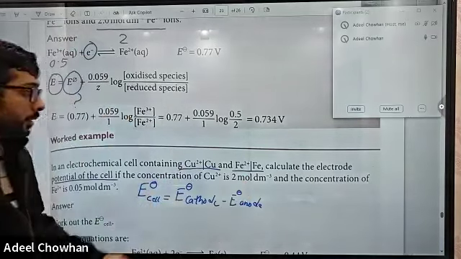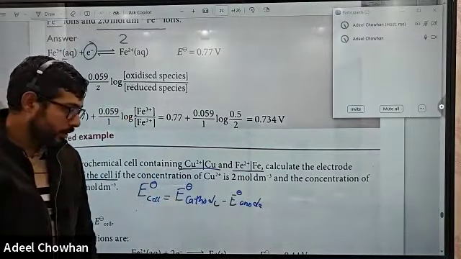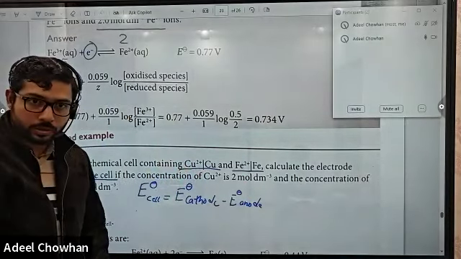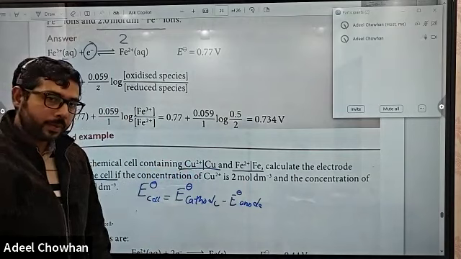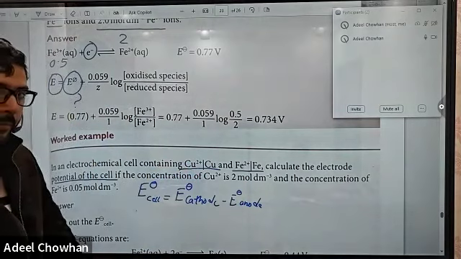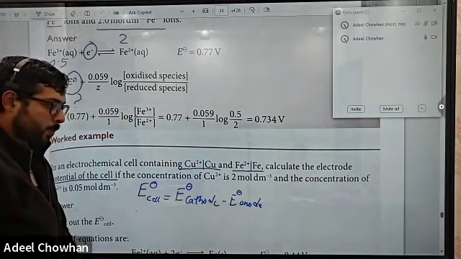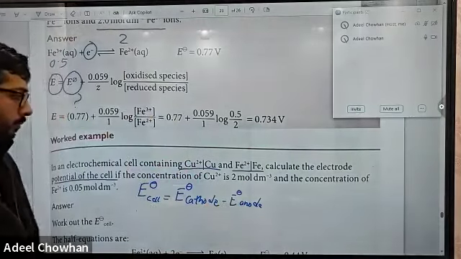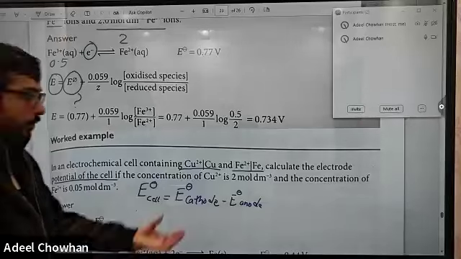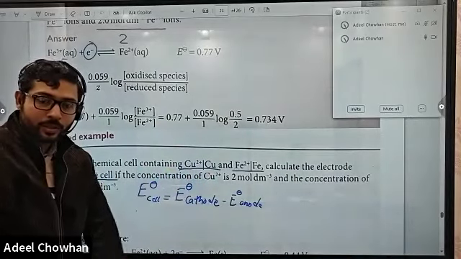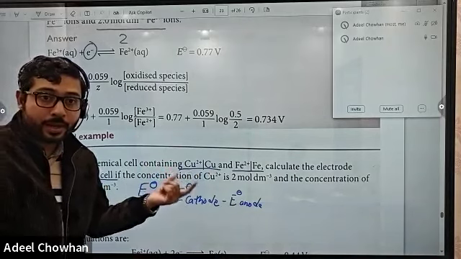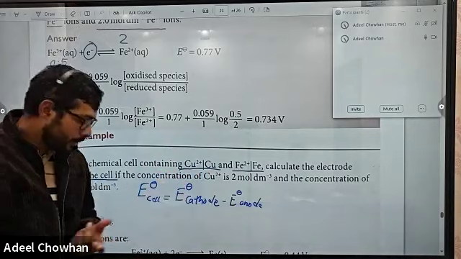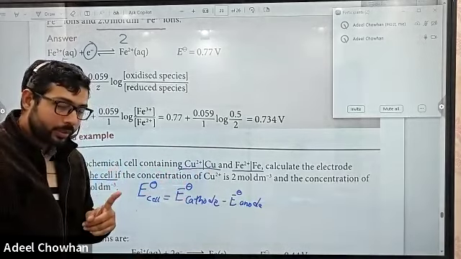Now you have to determine the cathode and anode from here. How would you determine which of these two is the cathode and which of these two is the anode? You have two different elements which are connected or joined to make a single electrochemical cell.